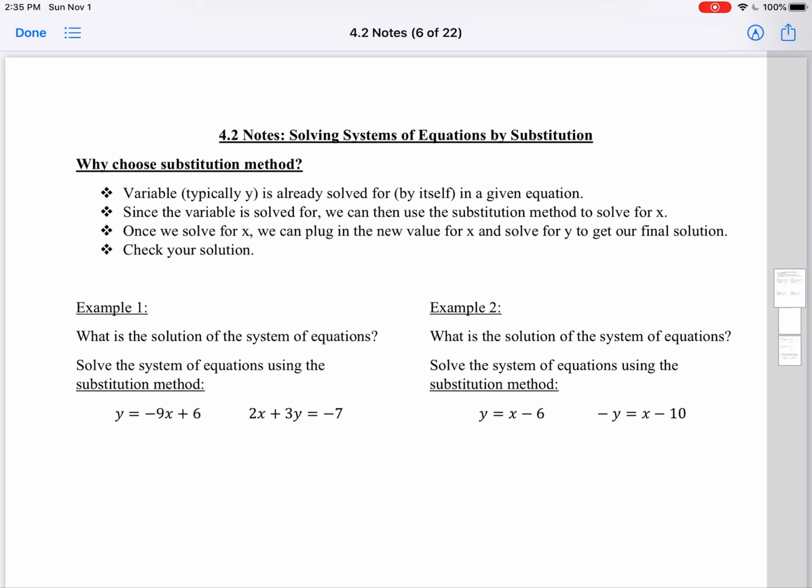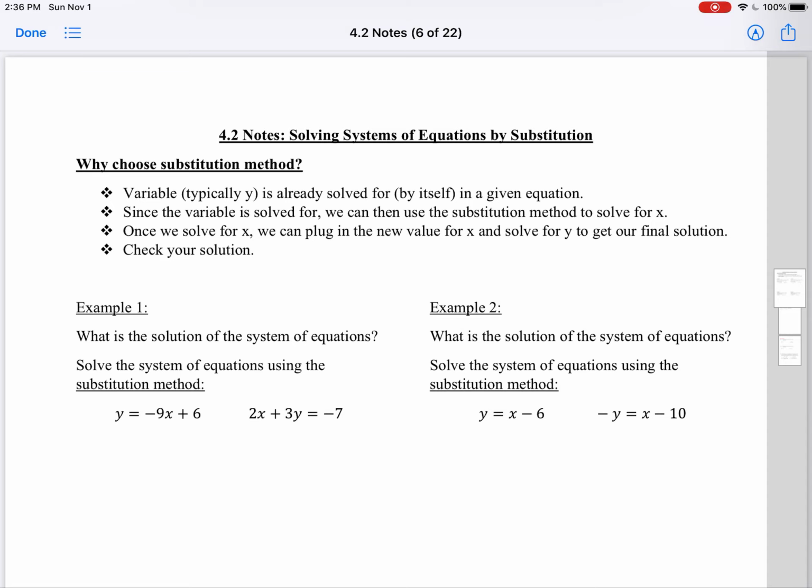You're not going to leave the person that was on the court and add the person from the bench. You are swapping them out. You are substituting them out. This is the same situation. And once you solve for x, you can plug in the new value and solve for y. And then you can always, always, always check your solution.